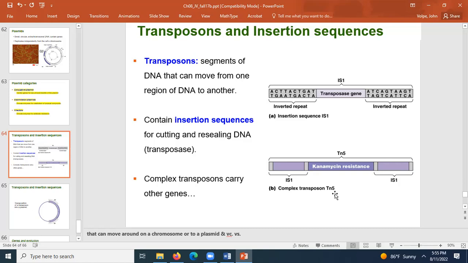Transposons always contain an insertion sequence at the end, and that's inverted repeats that help the DNA cut out from where it's moving from, and then help the DNA cut where the transposon wants to move to. Any question about any of that?